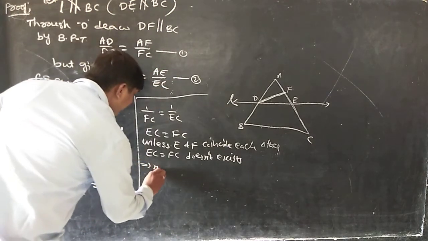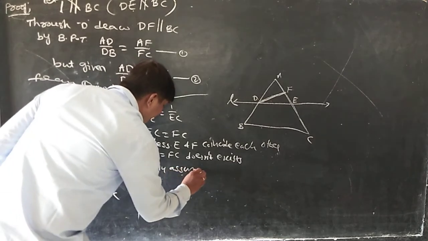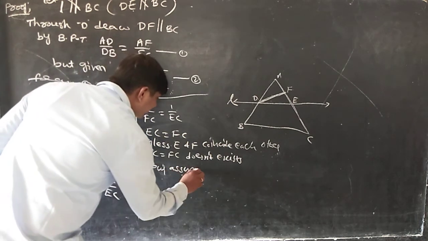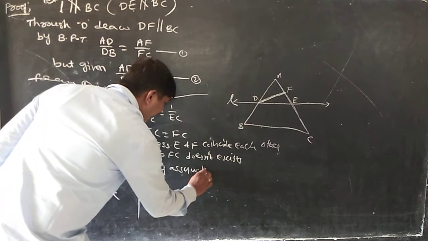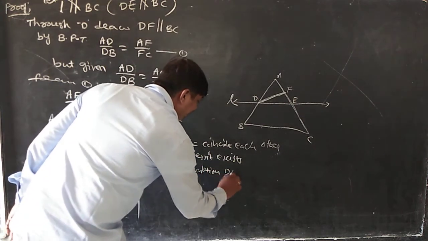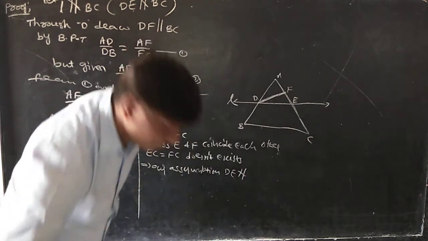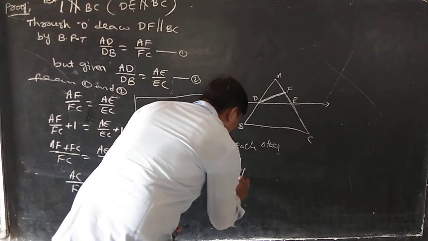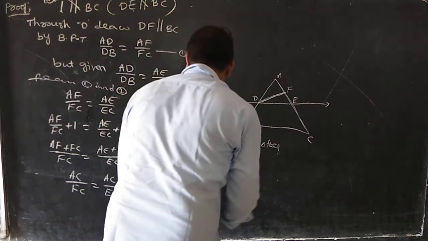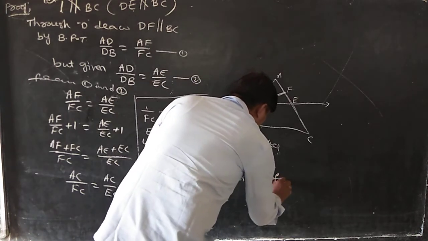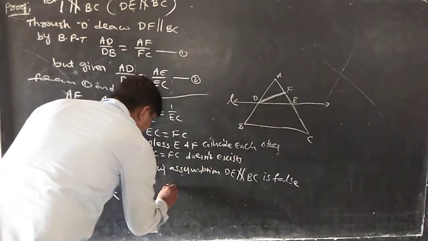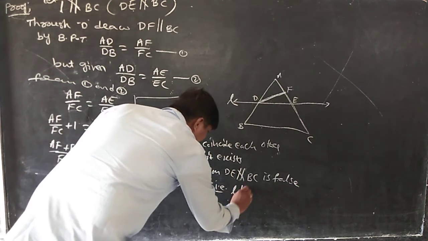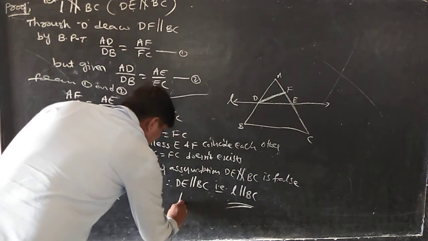That implies our assumption, DE not parallel to BC, is false. Therefore, DE is parallel to BC. That is nothing but L is parallel to BC. Hence proved.